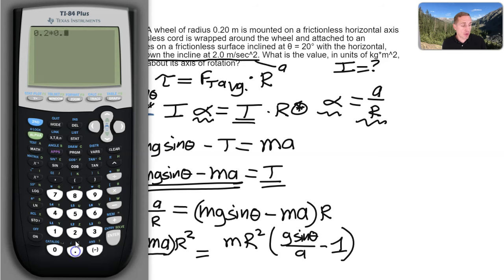So that's 0.2 meters, squared, and then parenthesis, and then fraction, g sine theta, so that's 9.8 times the sine of theta, now theta was 20 degrees, and that's going to be over a, which is 2.0 meters per second squared, and then just minus 1. Close off parentheses, enter.